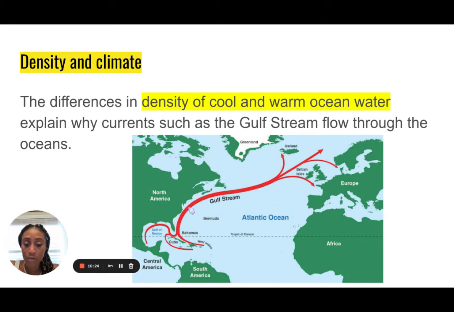The countries or the states that are close to the Atlantic Ocean will be influenced greatly by the Gulf Stream. And as it goes up north, you'll find that it influences a vast majority of the climatic conditions in Europe, I would say the northwestern parts of Europe.